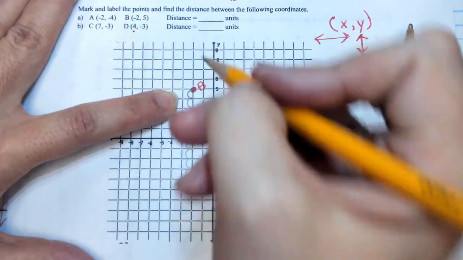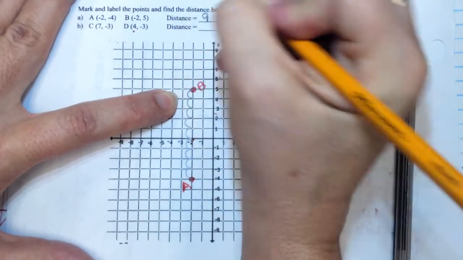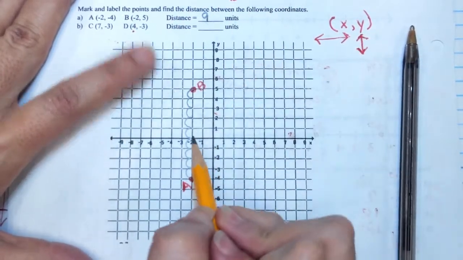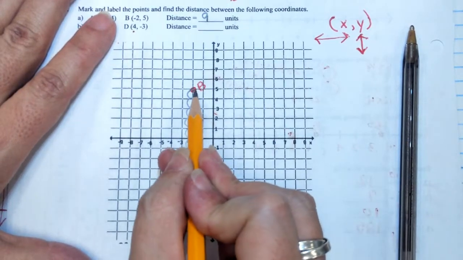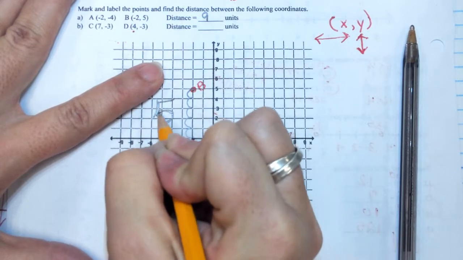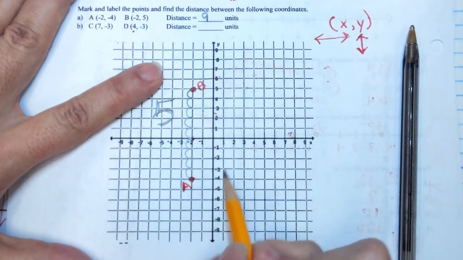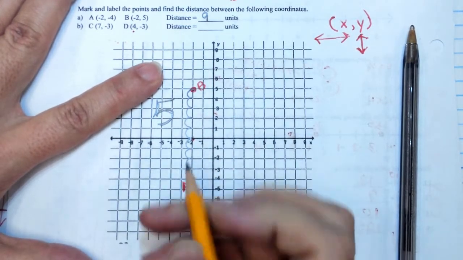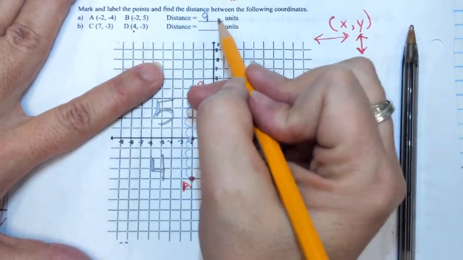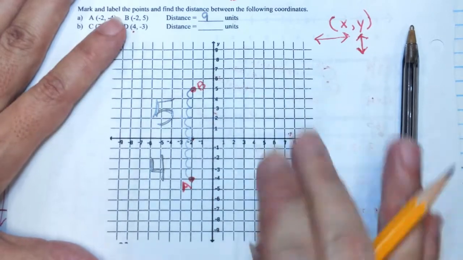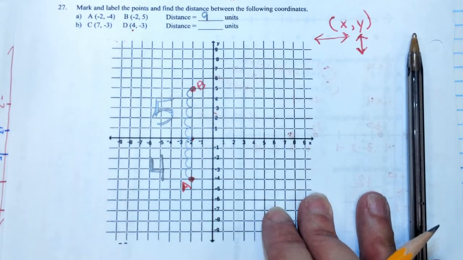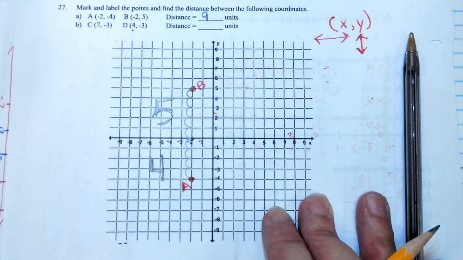Okay, so that distance on this first one is 9. Or, hint, hint, how far is it from 0 to 5? 5. How far is it from 0 to 4? 4. So 5 plus 4 is 9. You can do it both ways. You can count the boxes, and then to kind of double check your work, look at the actual distance from 0.